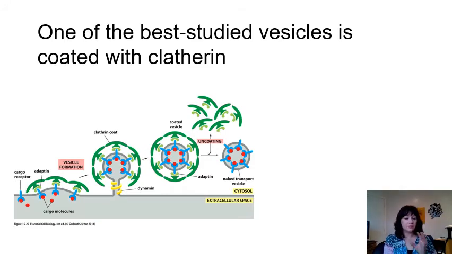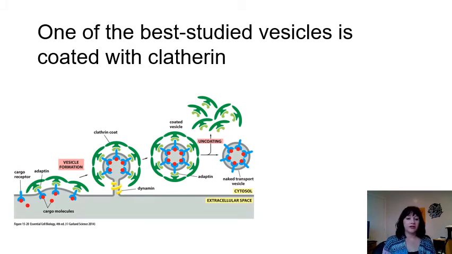So the clathrin and the adaptin will only bind to the correct cargo receptor, and that will help to select only a specific type of protein to be inserted into that vesicle. And so you can see that as that vesicle continues to form, only one type of cargo gets picked up because of these specific cargo receptors.